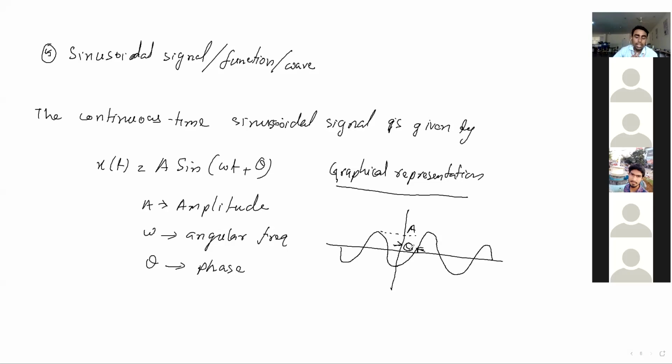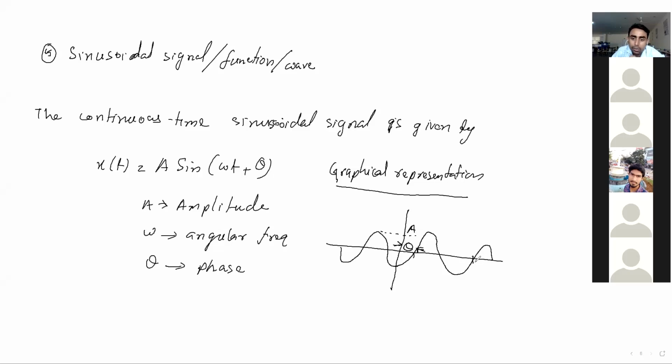That's why it is called the phase. And frequency is the repetition of this signal in 1 second.